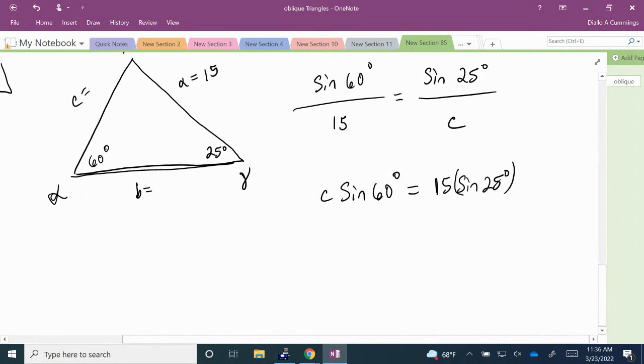Now I'm going to solve for side length C. So I'm going to divide both sides by the sine of 60. So C is equal to 15 times the sine of 25 degrees divided by the sine of 60 degrees. And now I'm going to evaluate using the calculator.